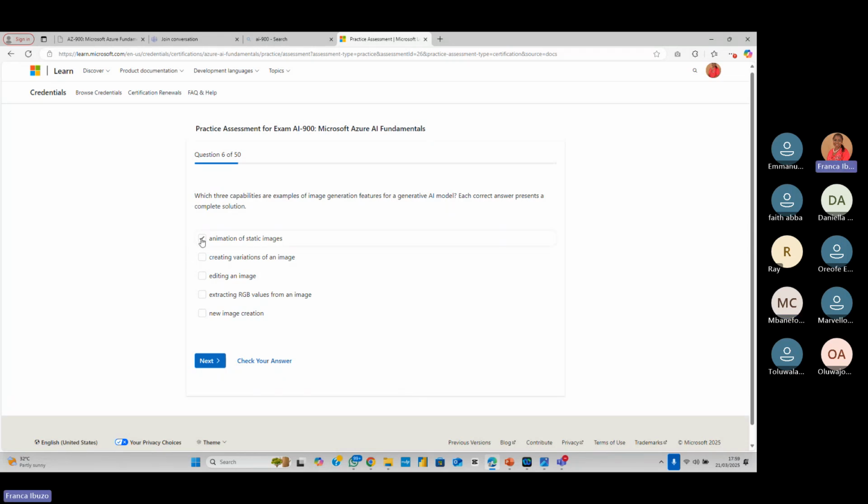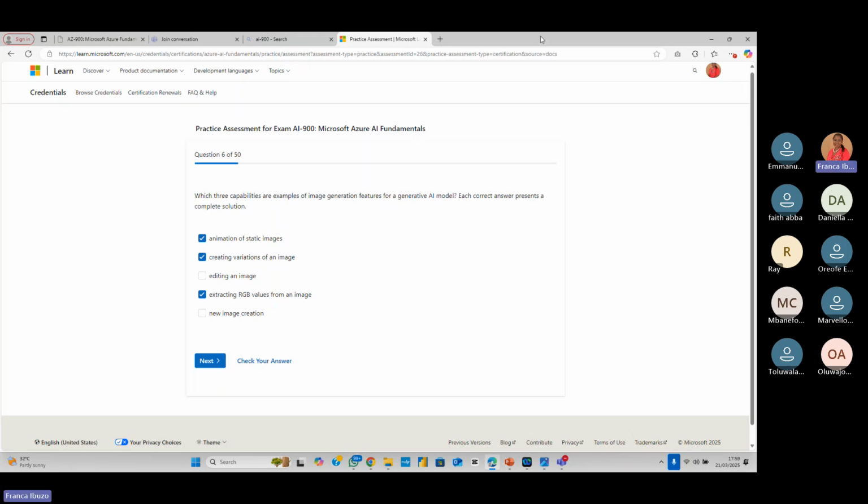He said animation of static images. Which other ones? A, B, and D. Creating variations of an image, and extracting RGB.